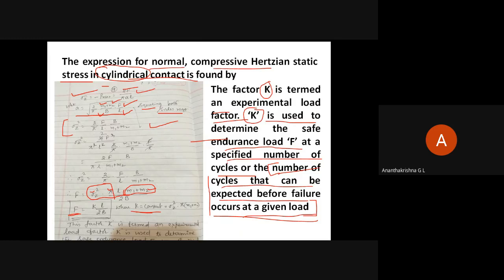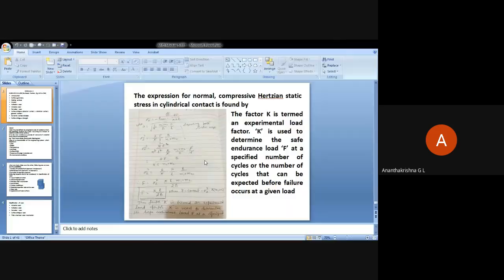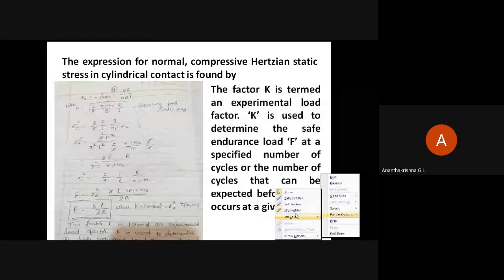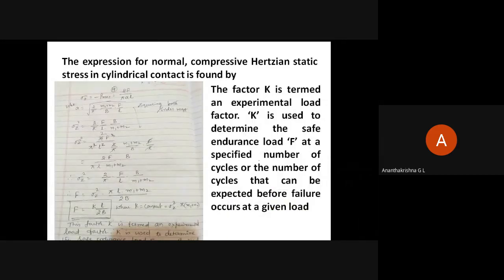Please note down this derivation and the description on the right hand side, with the heading: expression for normal compressive axial static stress in cylindrical contact. Sometimes they may ask for the derivation of this, so note it down clearly. K is the experimental load factor.